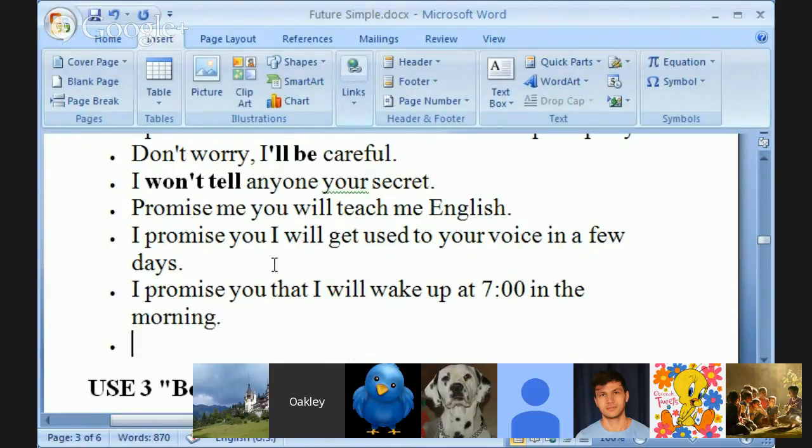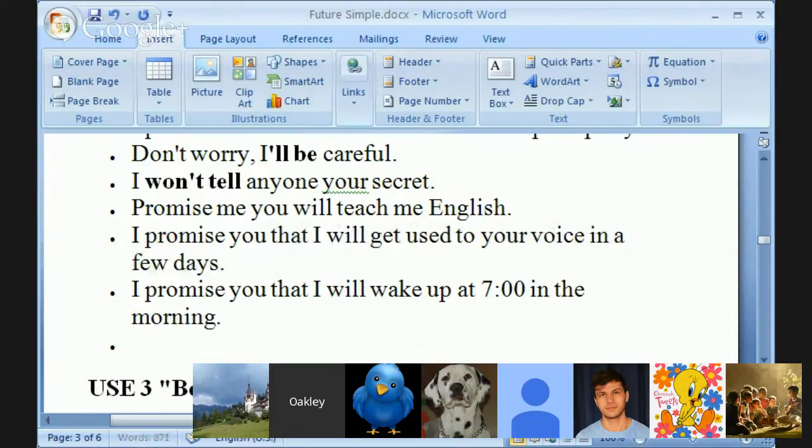I promise you that I will get used to your voice in a few days. Same thing. Really, we should have that there. I forget to mention this when I'm doing this stuff with you guys. I forget because generally speaking, when we talk, we just omit it. We don't say it. Even in writing, sometimes it's okay to omit it, but in very formal academic writing, you should have it, really.